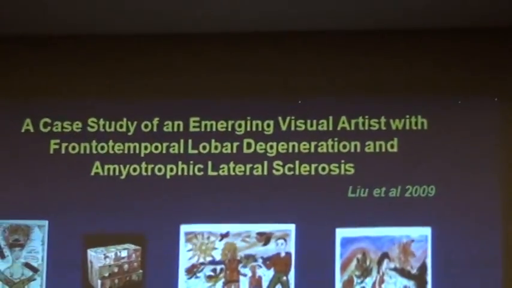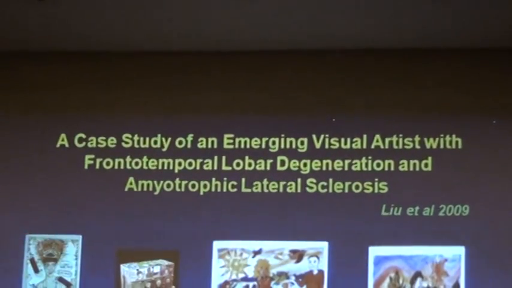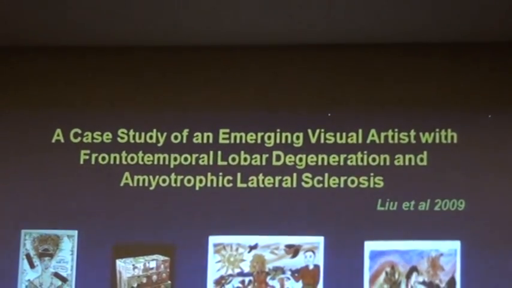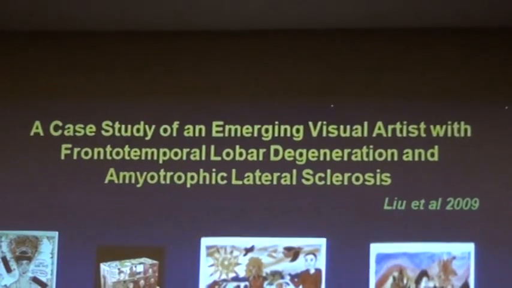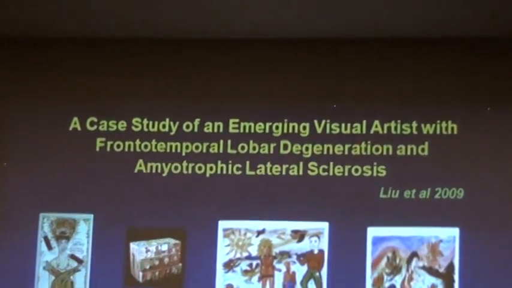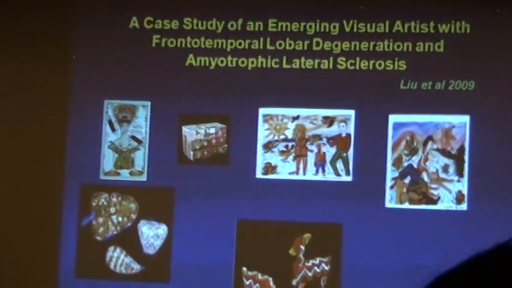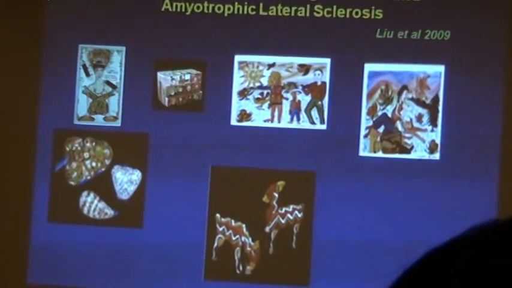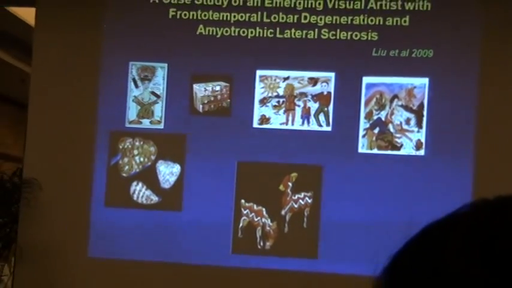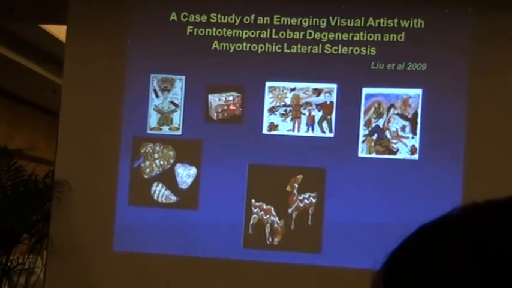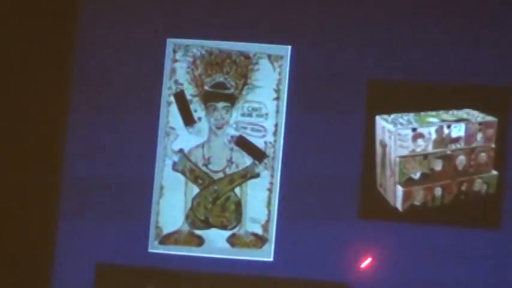And this is described by Alan Liu from Bruce Miller's department at San Francisco in 2009. And this is again a man in his mid-50s who had no previous training in art, and he never painted in his life. And he suddenly in his mid-50s started painting these beautiful pictures with great geometric details.